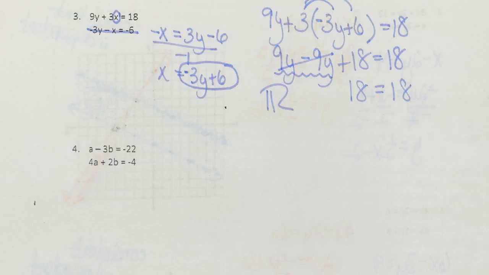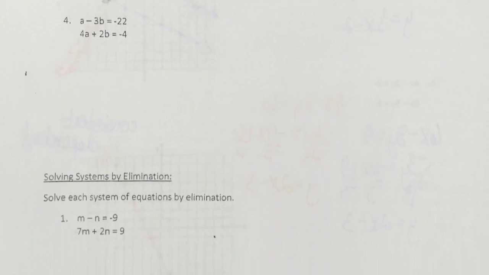All right, number 4. Number 4, they don't give you X's and Y's. They give you A's and B's. How do you know which one goes where in the ordered pair? A and B, alphabetical. Alphabetical order. Very good, guys. All right, y'all try number 4 real quick. See what you can do on number 4, okay?